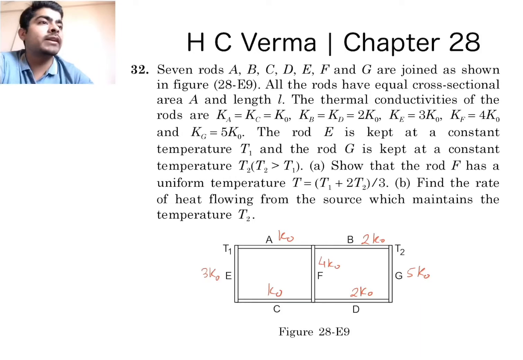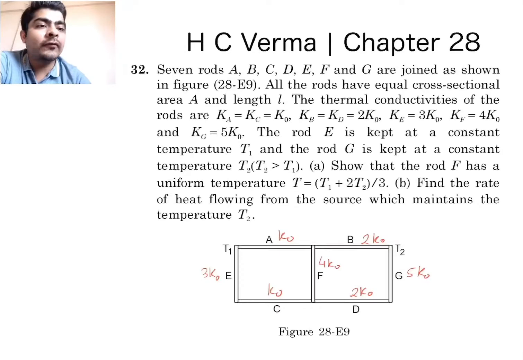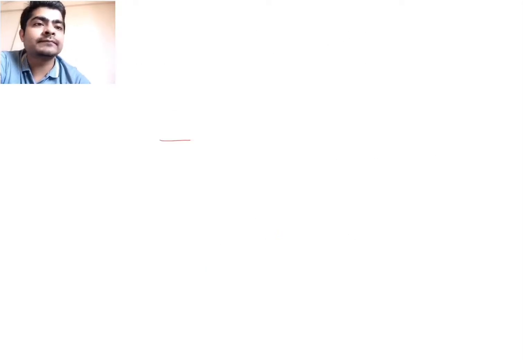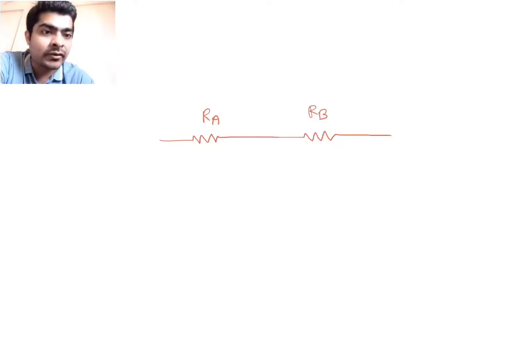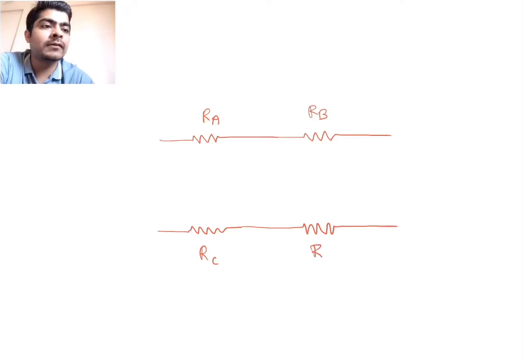Okay, so let's first simplify this circuit. First of all we have the rod A. So the thermal resistance of the rod A will be Ra. Then we have the rod B in line, with thermal resistance Rb. At the bottom we have rods C and D, so I can draw Rc, Rd.